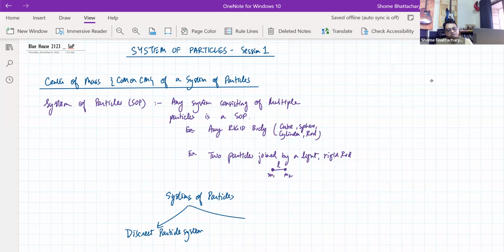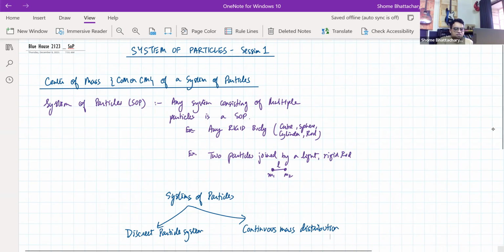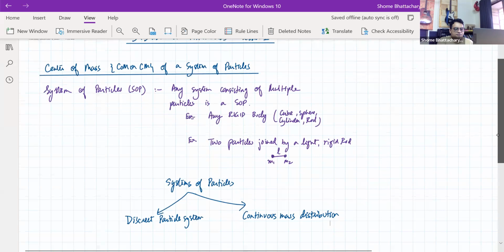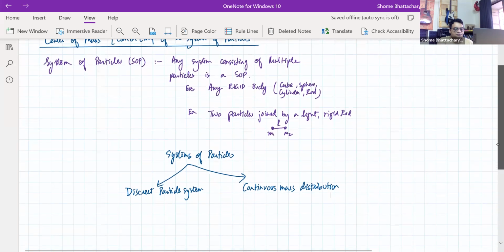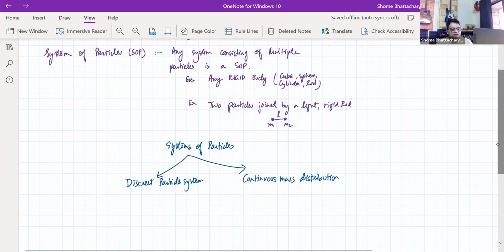And the second category is what is called the continuous mass distribution. As the name suggests, the discrete particle system consists of individual or separate particles which are located at discrete locations or positions.